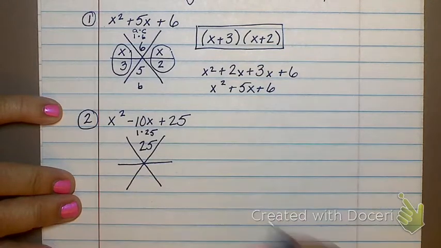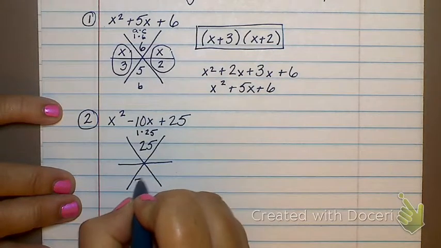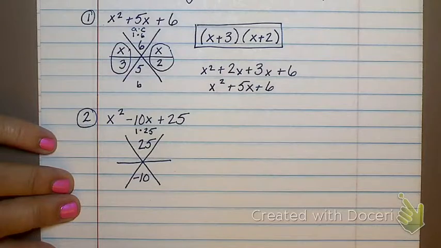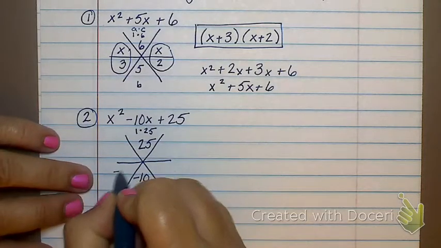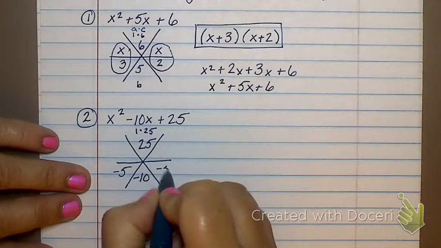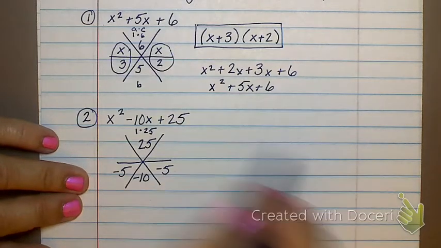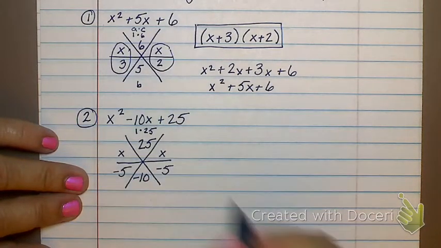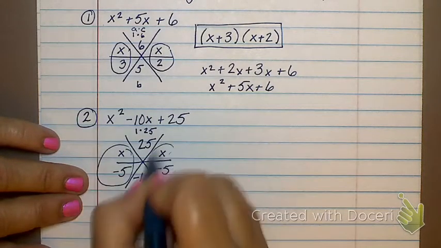What goes on the bottom? Negative 10, my b value. What are two numbers that multiply to get 25 and add to get negative 10? Negative 5 and negative 5. Huh, okay. So what goes on the top then? A and x. A and x. What do you notice about these two things?